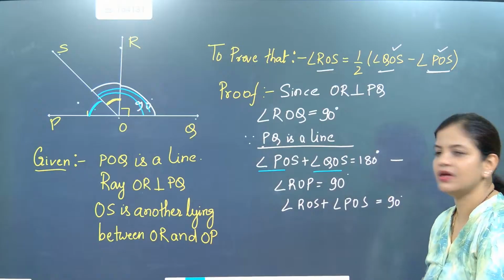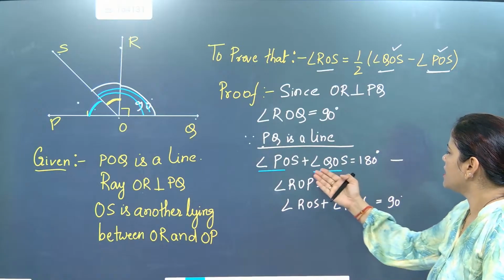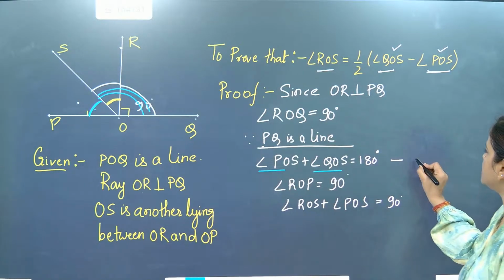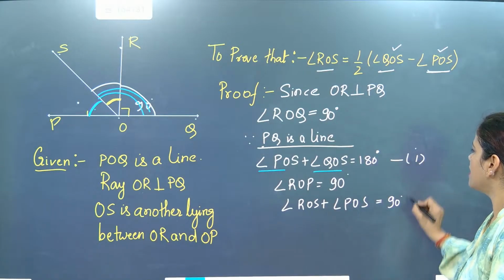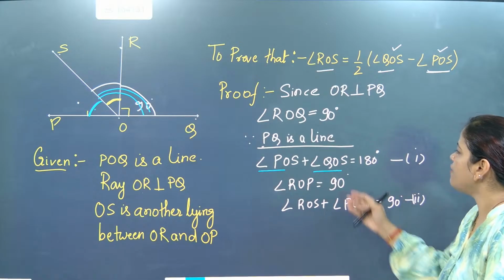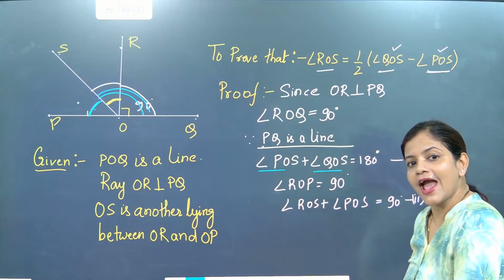That is ROP. Done. Now this part and this part, can we subtract? This is our equation 1 and this is our equation 2. What will happen if we subtract these two? Or can I add?